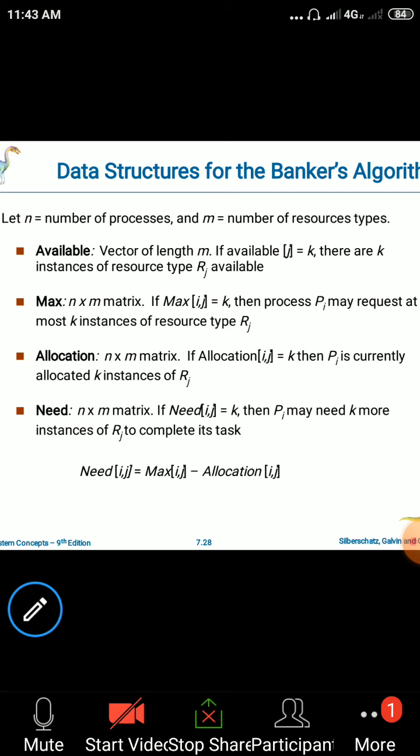Now allocation is represented as an n by m matrix. If allocation of ij is equal to k, then Pi is currently allocated k instances of Rj. As I said, the process P1 requires 2 CPU, 1 memory and 2 IO devices.